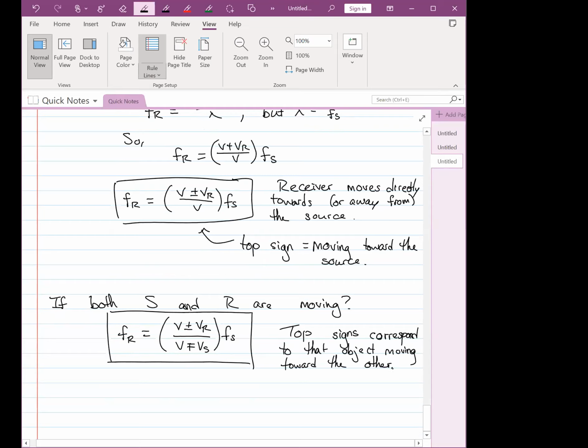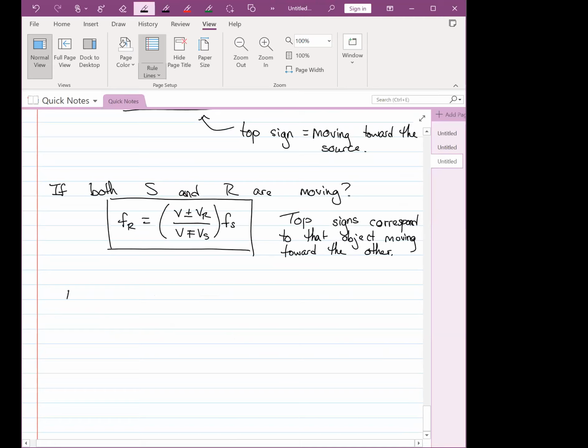So for example, if the receiver is to the left of the source, so if we have a receiver here and we have our source over here, and the receiver is moving this way and the source is moving this way, well, the receiver is moving towards the source, so we would use the positive sign here. So we'd have plus v sub r, and the source is moving away from the receiver, so we would choose the bottom sign, which would be plus v sub s.